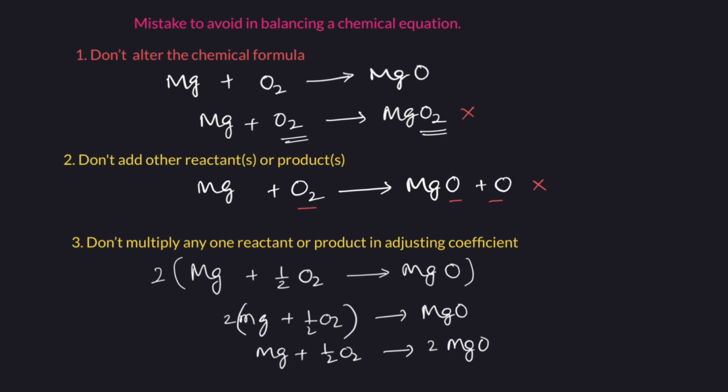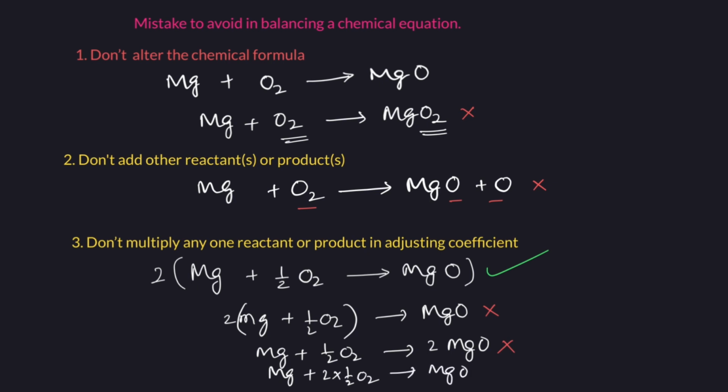So which is acceptable? Multiplying the whole equation is acceptable, and multiplying any one reactant or only reactants is not acceptable. Then somebody will multiply like this also, Mg plus 2 into half O2 gives rise to MgO.